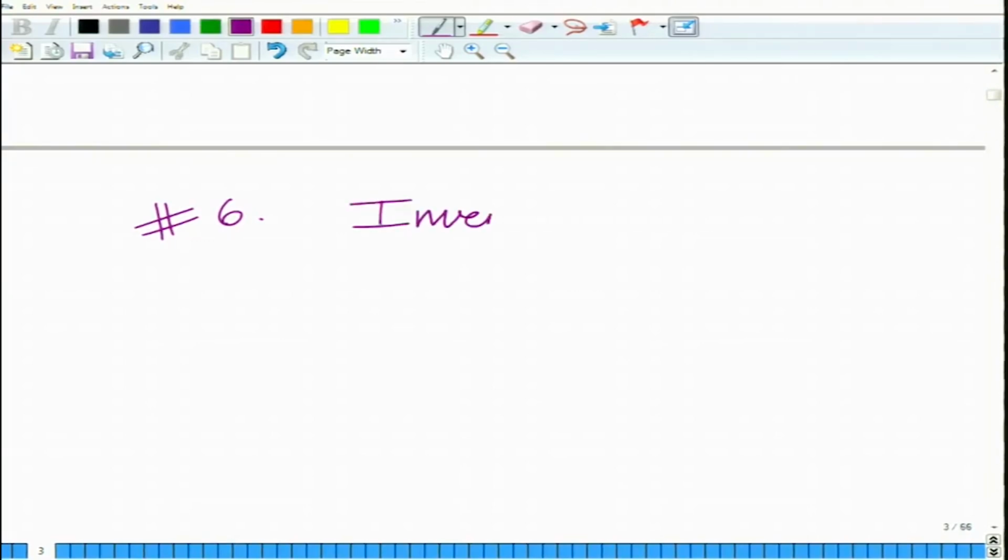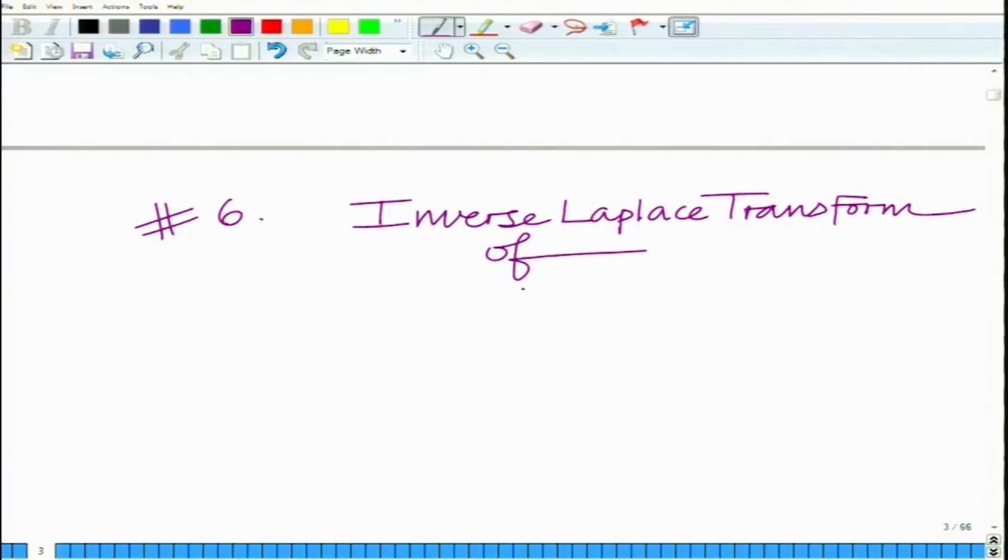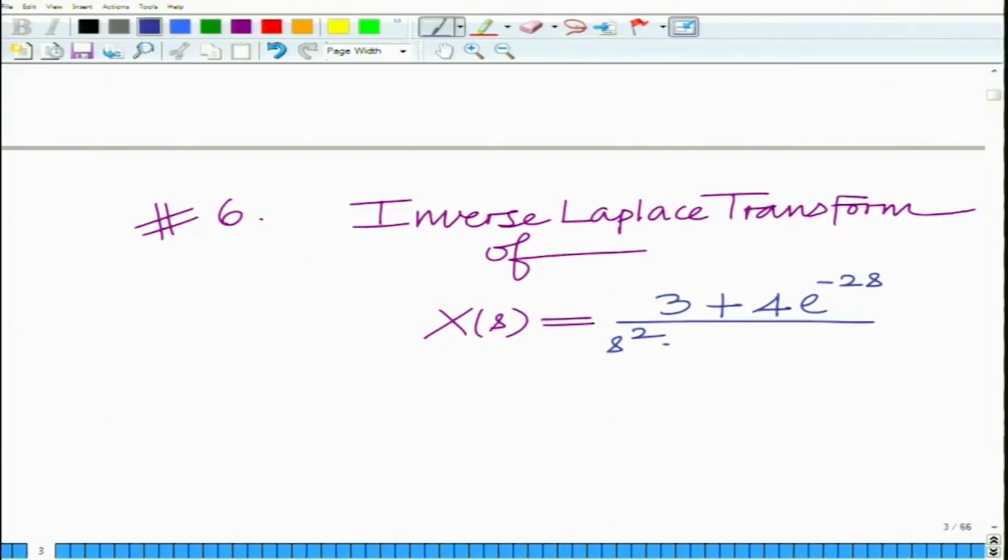Find the inverse Laplace transform of x(s) equals (3 plus 4 e raised to minus 2s) divided by (s square plus 6s plus 8).